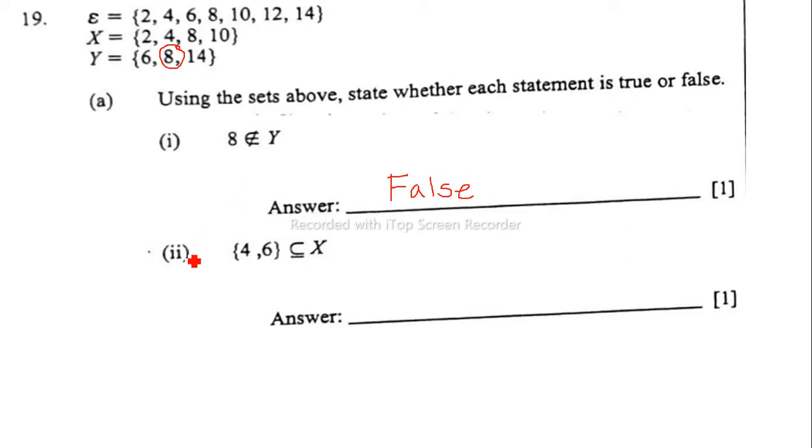Alright, the second one. Can anyone read this? What is it saying? They're talking about 4 and 6. What does this mean? Is that another way to say that they aren't in X?